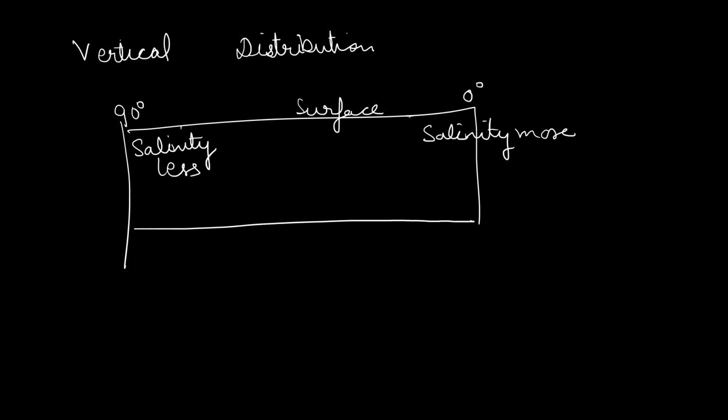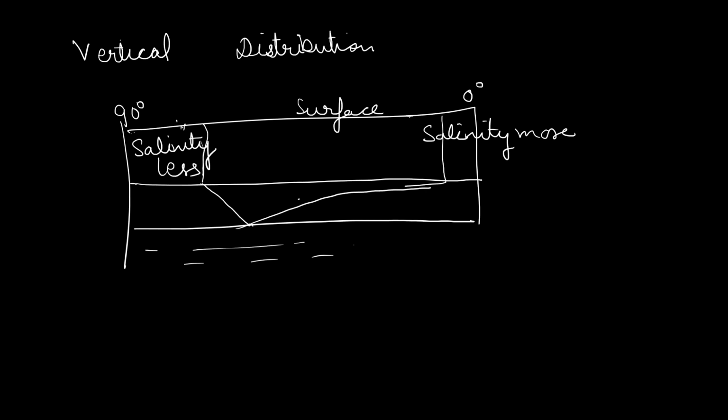But with increase in depth, this region would gain some salinity. At this height, this is less and this is more. But moving down, this one would gain some salinity and this one would lose some, and ultimately both of them will reach the same salinity.